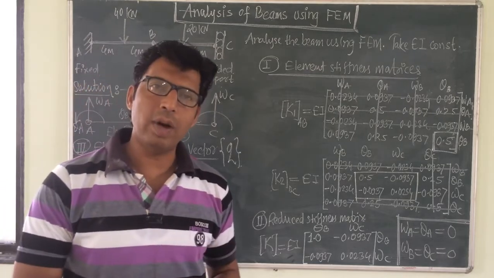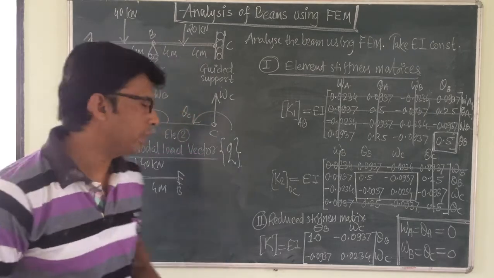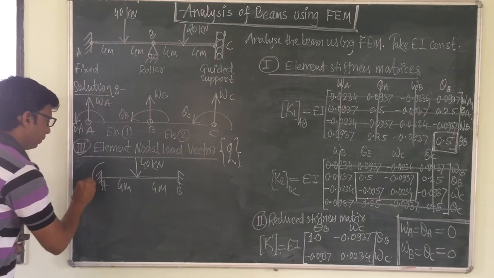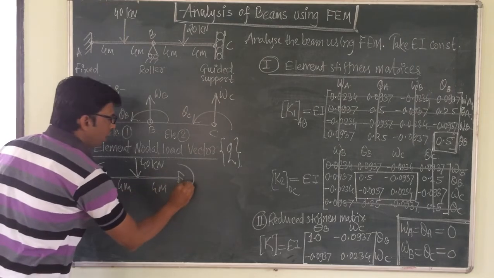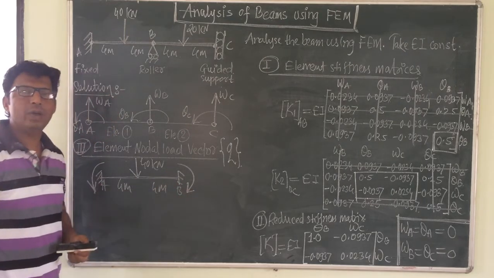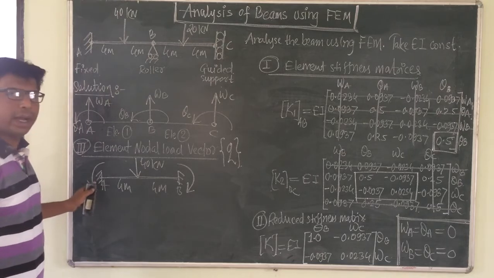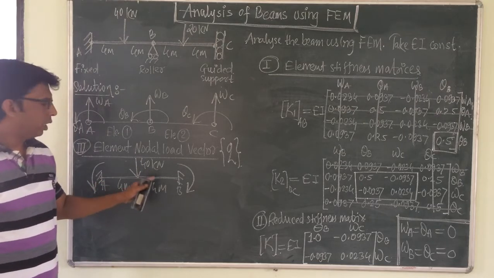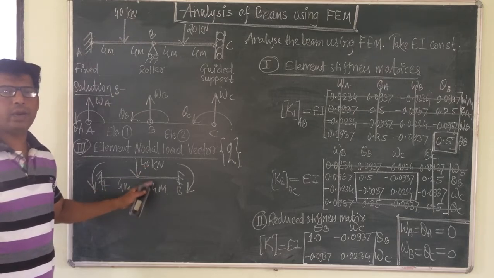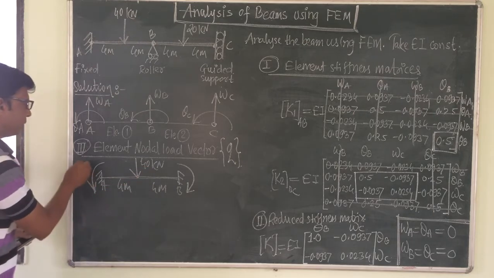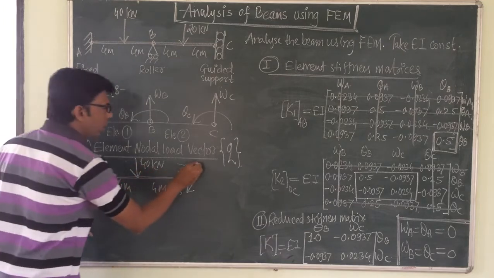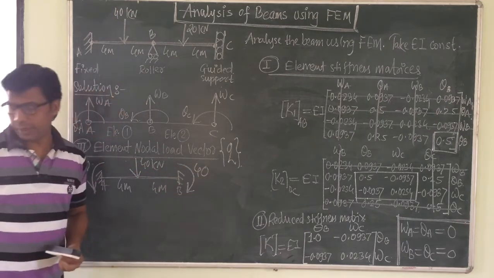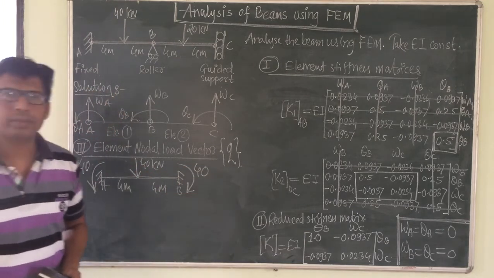Left end is anti-clockwise, right end is clockwise. Magnitude of fixed moment WL by 8. W is 40, L is equal to 8, and WL divided by 8, 40 into 8 divided by 8. Answer is 40. Fixed moments are 40.